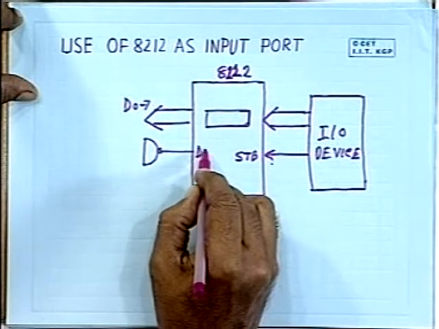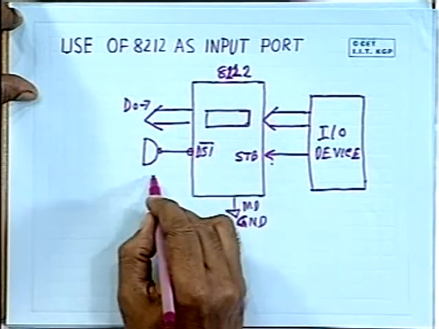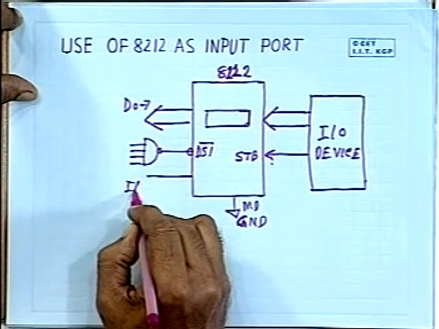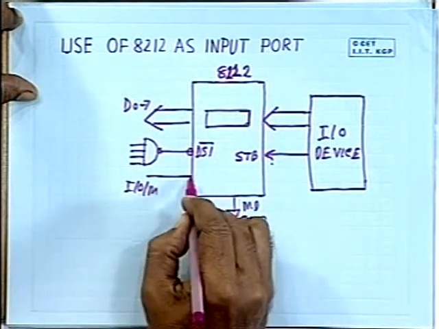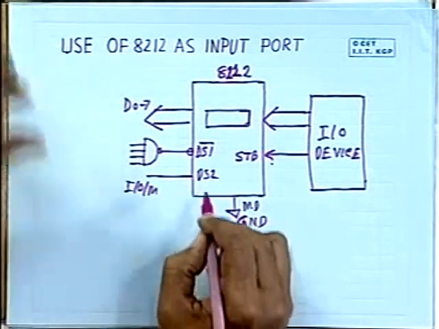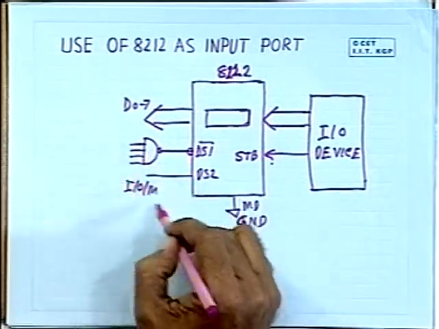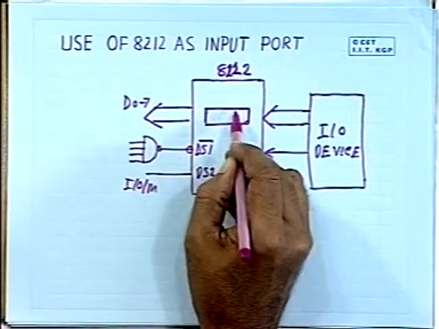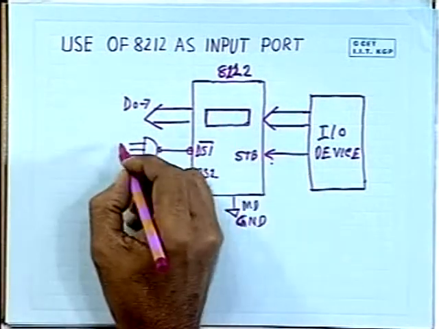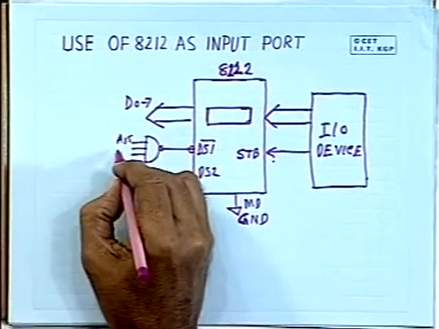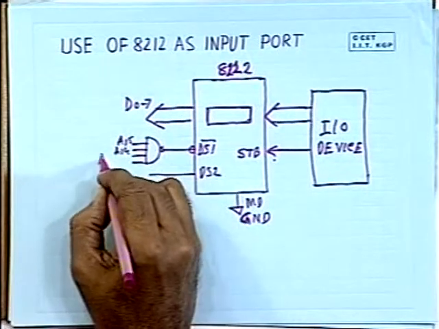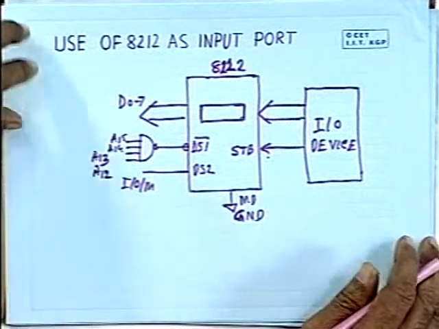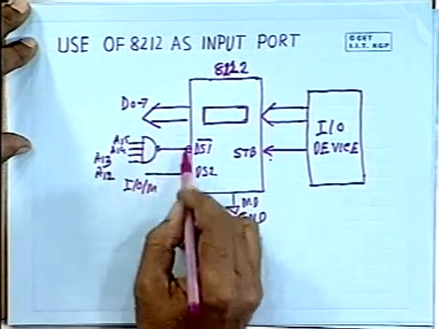So, this will go to DS1 bar, and we can connect the IOM line to the DS2 line, and in this way we can provide some address. I mean, this data register can be mapped on the IO address space, and if A15, A14, A13 and A12 are connected to these 4 lines, then as I said, the address will be F0.